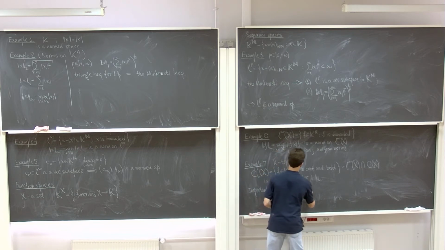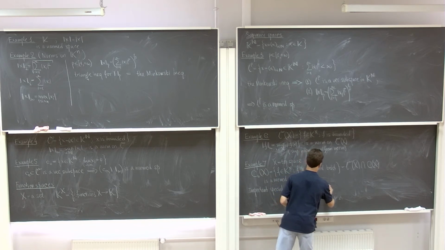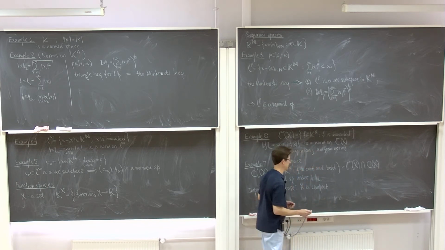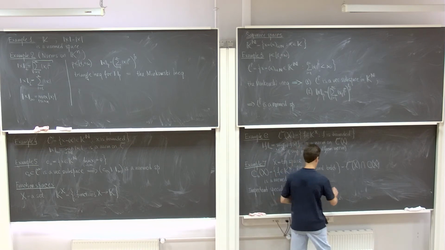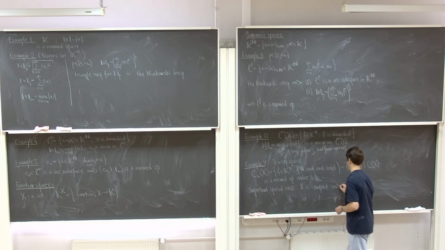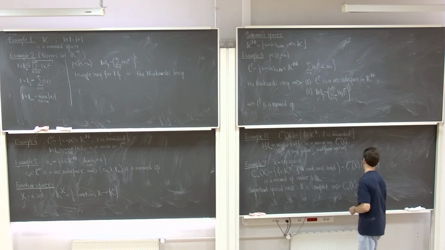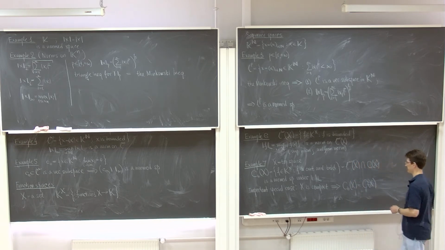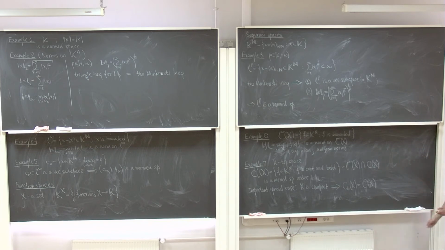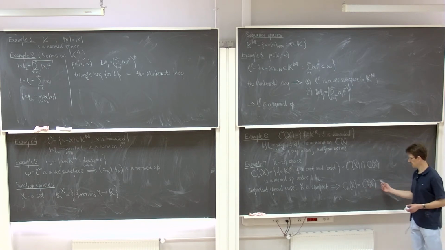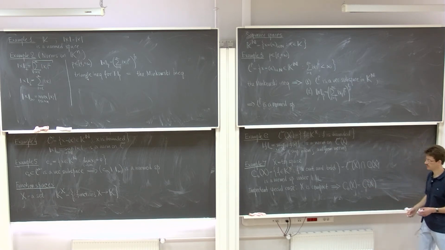If X is compact, then we know that all continuous functions on X are bounded, and so C_b of X is just the space C of X of all continuous functions on X. So it is a normed space. But if X is not compact, then in general, C of X doesn't carry any canonical norm.